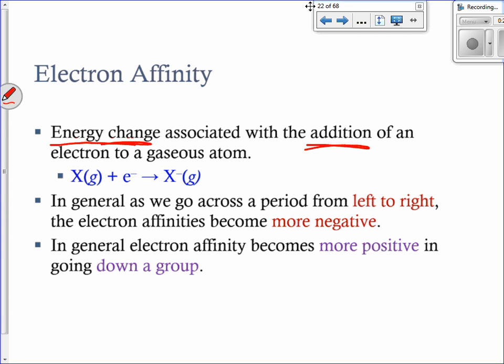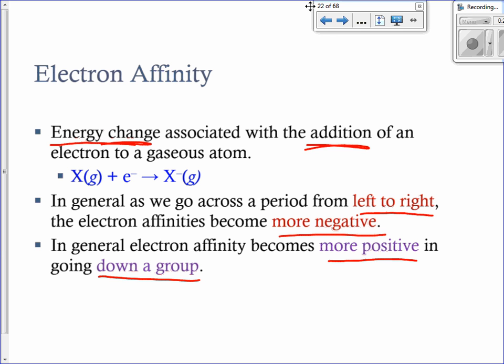In general, as we go across a period from left to right, your affinities become more negative, because negative energies are exo and positive energies would be endo. As you go down a group, you're becoming more positive, so the amount of energy released is going to be less. More positive means less energy is being released as you go down the group. So far, so good with affinity?